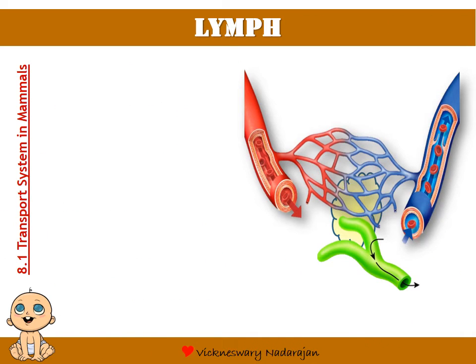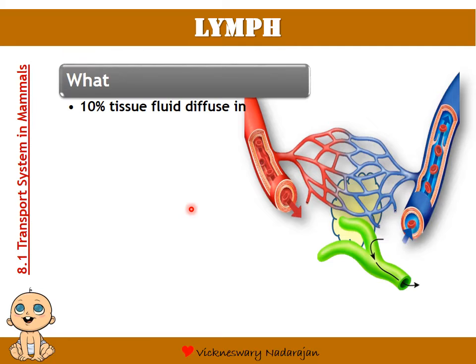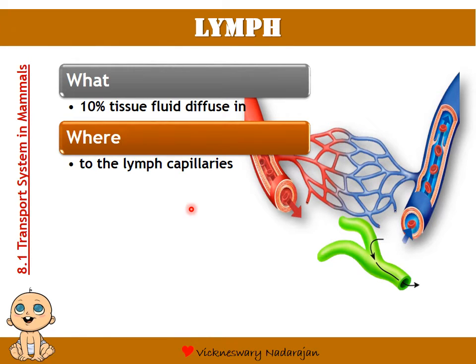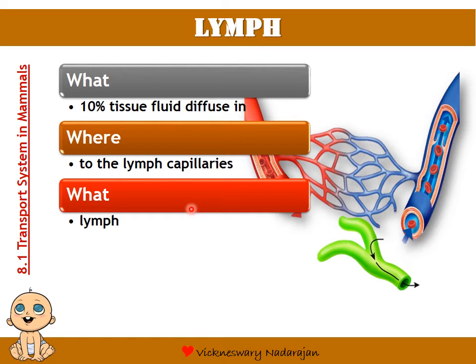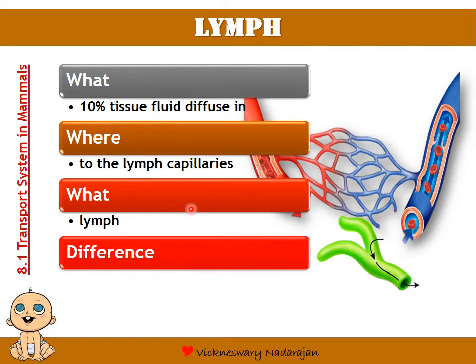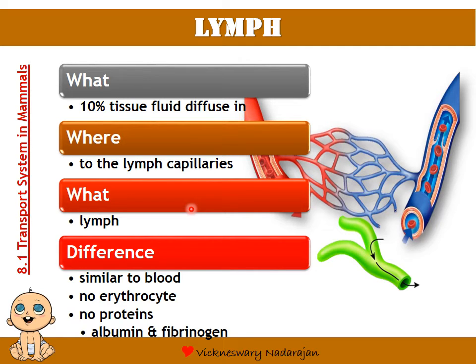The 10% of tissue fluid will diffuse into the lymph capillaries and form the liquid known as lymph. Since the lymph is actually tissue fluid, it is similar to blood, with the difference that it has no erythrocytes and no proteins such as albumin and fibrinogen.